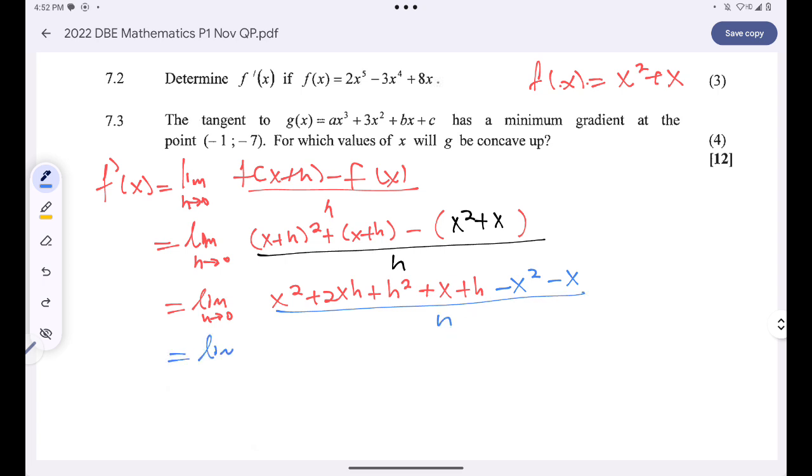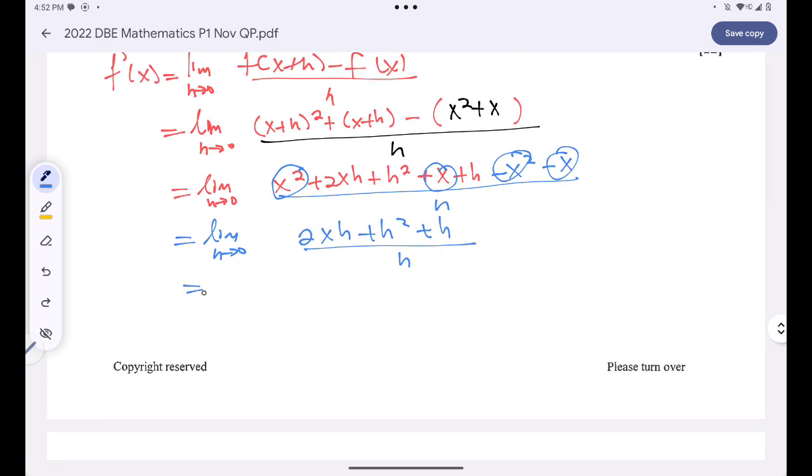Limit as h approaches 0. I can see that the x squared and this x squared will subtract one another, and the x's will also subtract one another. So I will be left with 2xh plus h squared plus h all over h.